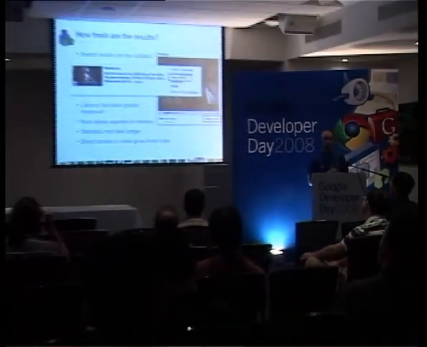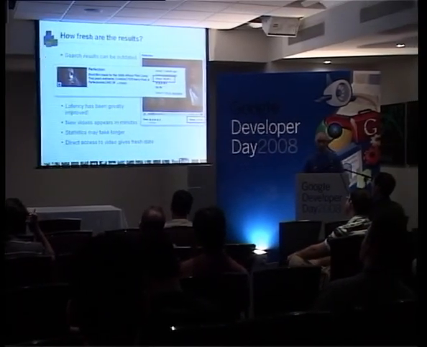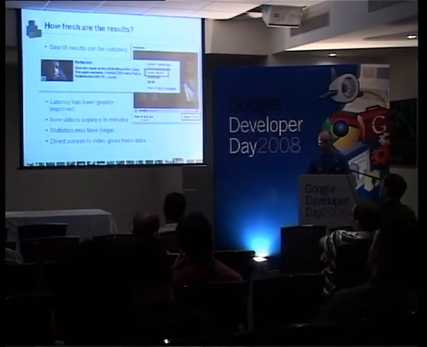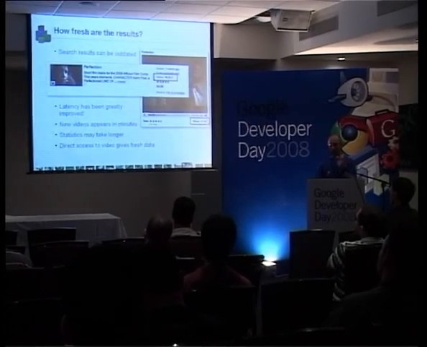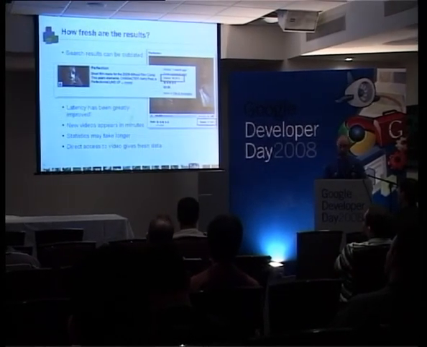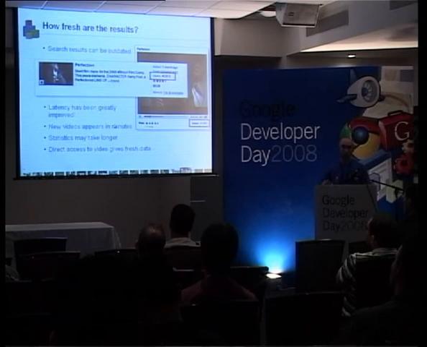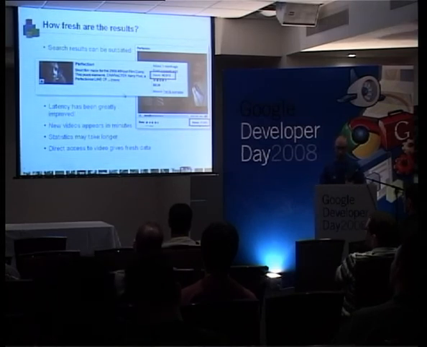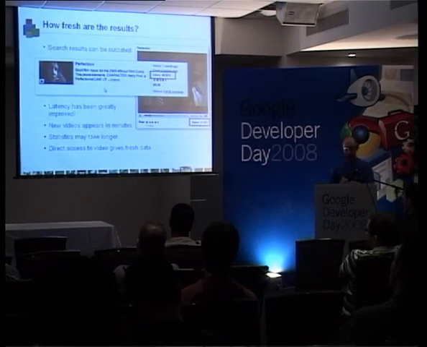It's not massive. We really worked a lot on improving the latency, but if you want the latest information, then you had better look at the video page itself. For example, new videos will appear in a matter of minutes, but statistics might take a little bit longer to update. So if statistics change over time, then the cached version might be a bit slower to update than the reality.